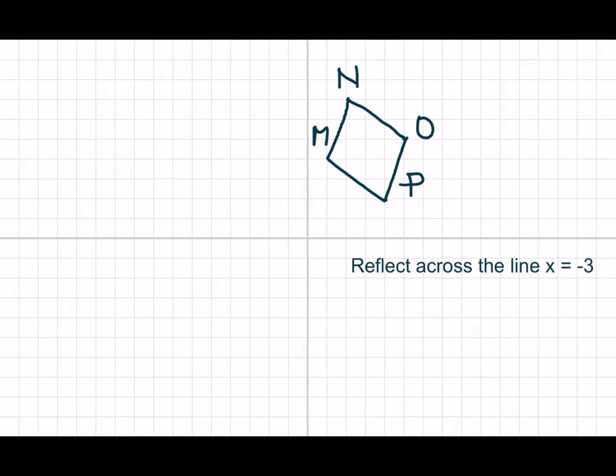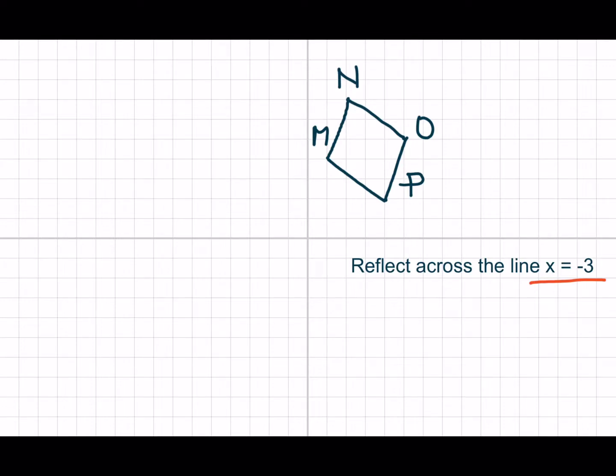Example number 3, now we are going to be reflecting this quadrilateral, MNOP, across the line x equals -3. And notice that the pre-image coordinates are not listed because we are only going to look at patterns for reflections across x and y axes.